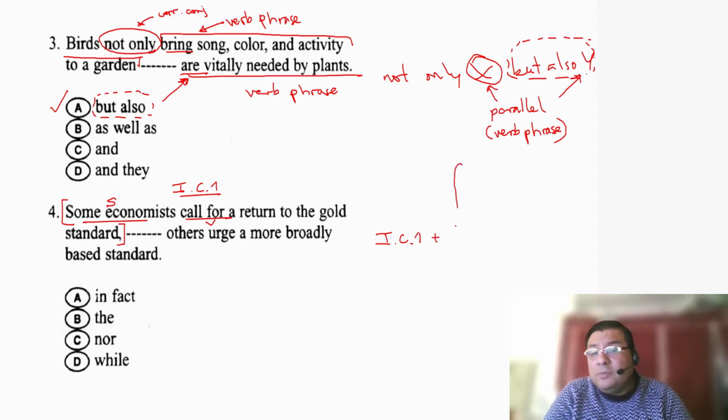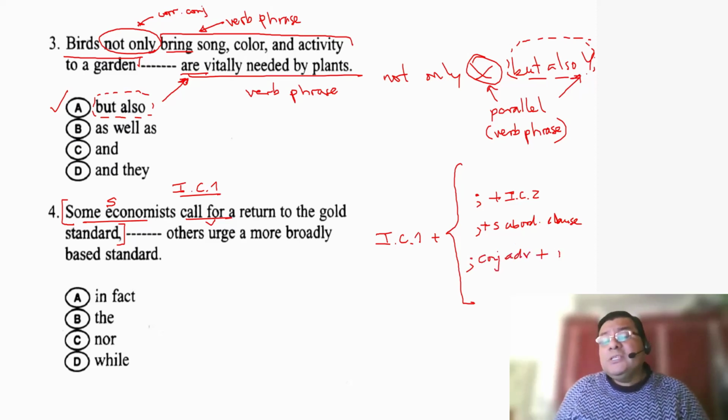An independent clause could be followed by a semicolon and another independent clause, or it could be followed by a subordinate clause, or it could be followed by a conjunctive adverb after a semicolon, then a comma, then another independent clause.